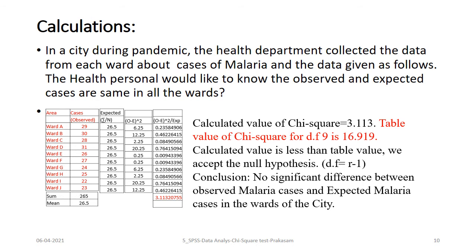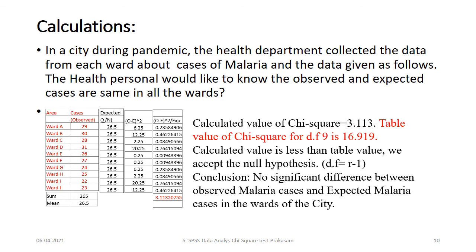Therefore, we will observe the table value, and it is found to be 16.919. These table values are given in any statistics textbook. But the conclusion is that there is no significant difference between observed malaria cases and expected malaria cases in the city.